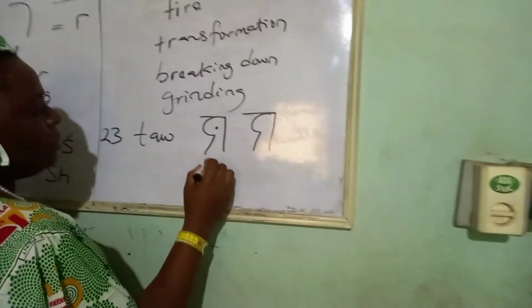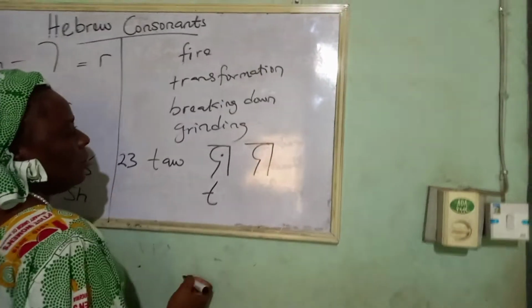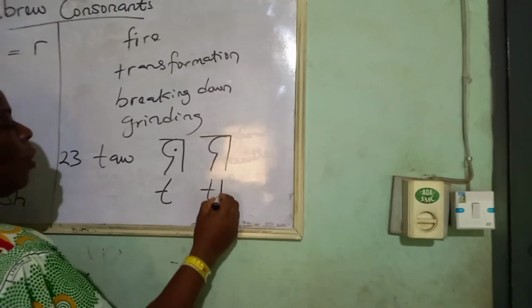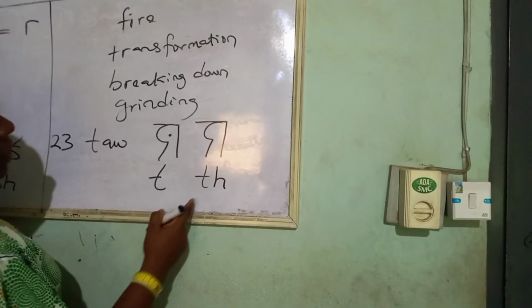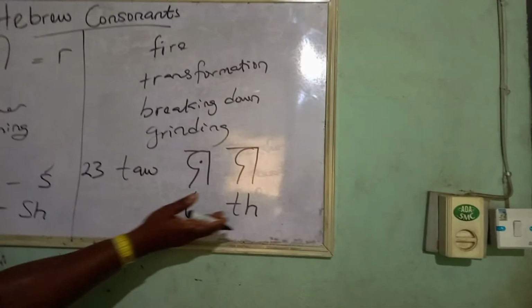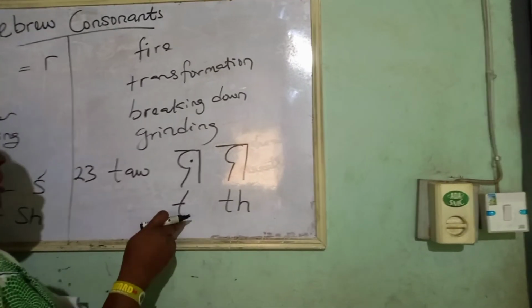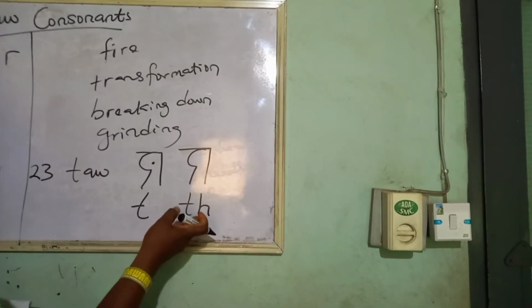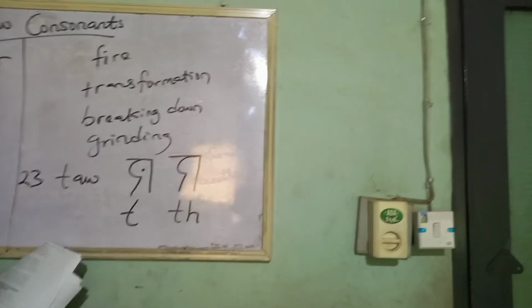When it is written with the dot, it is T, a hard pronounced T. But when without a dot, it is a soft T, D.